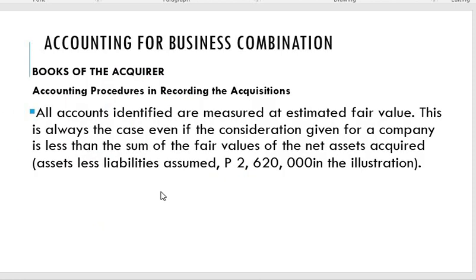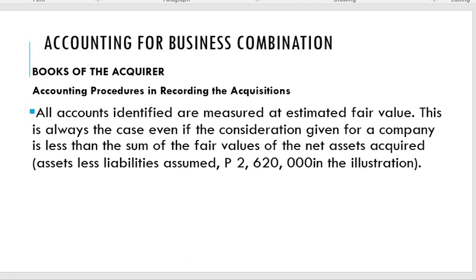Now, the accounting procedures in the books of the acquirer: to record the acquisition, all identifiable assets identified and liabilities assumed are measured at their fair value. This is always the case even if the consideration transferred for a company is less than the sum of the fair values of the net assets acquired. Per illustration, the fair value of the net assets is 2,620,000.